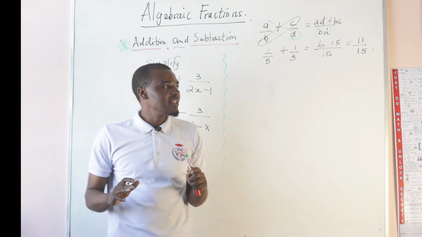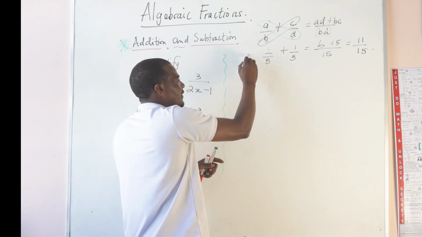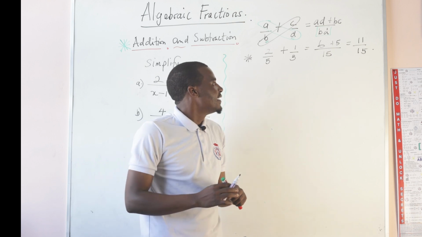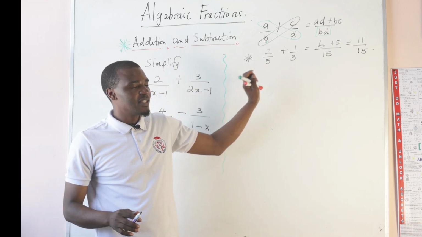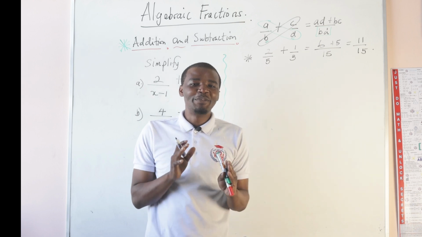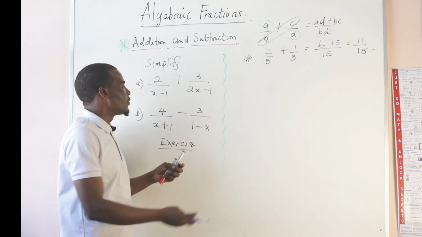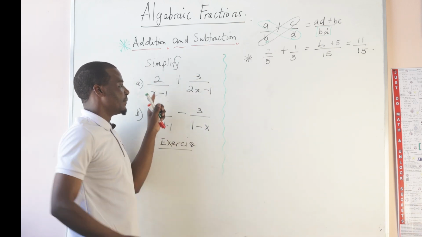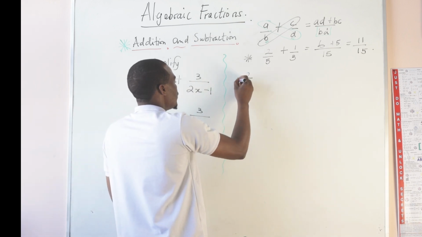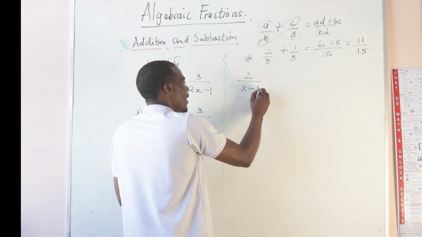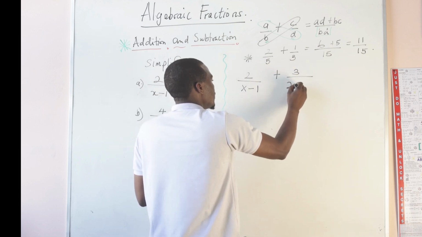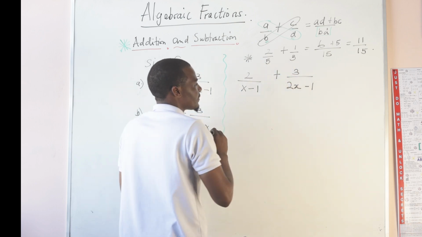Very simple and straightforward. This was covered in earlier grades like grade 5, grade 6. But look, this concept is very simple and straightforward. This is the same principle that we are going to use to tackle the bigger problem that we have here on part A. So on part A, we have 2 over x minus 1 plus 3 over 2x minus 1, right?